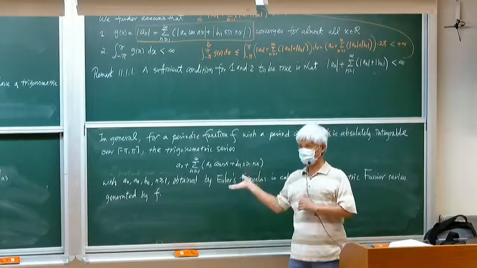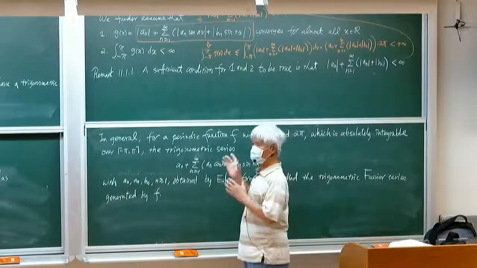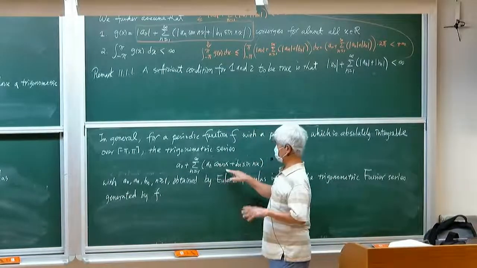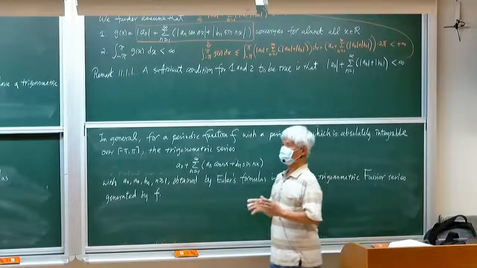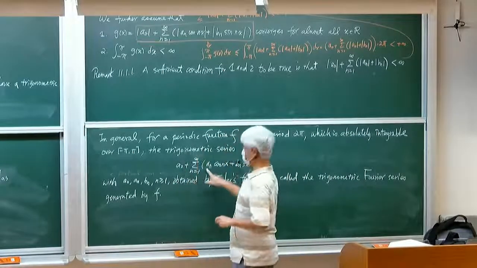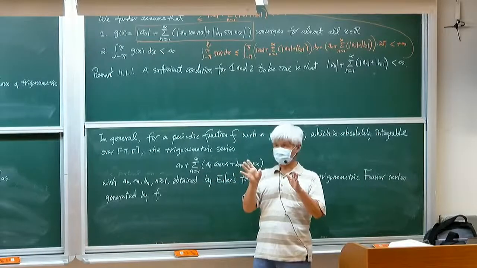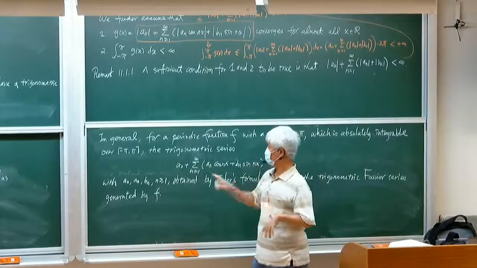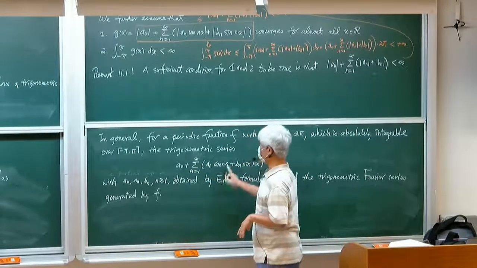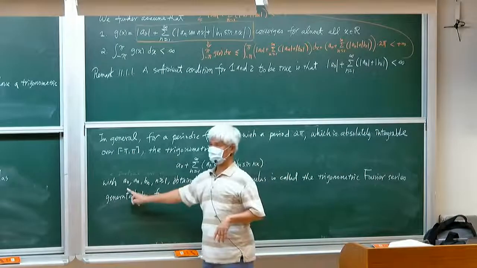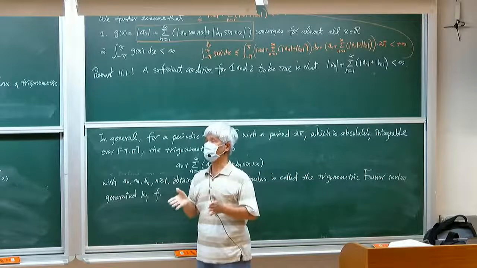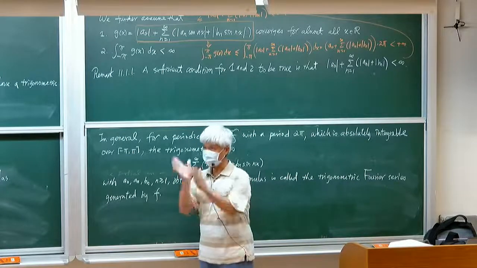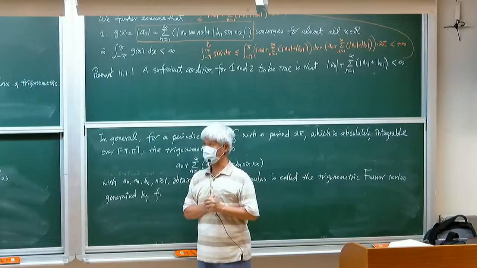It's the companion trigonometric series. This is our target. Then we have a very explicit target: to show whether this trigonometric series converges to f of x for all x in R, or for almost all x in R.